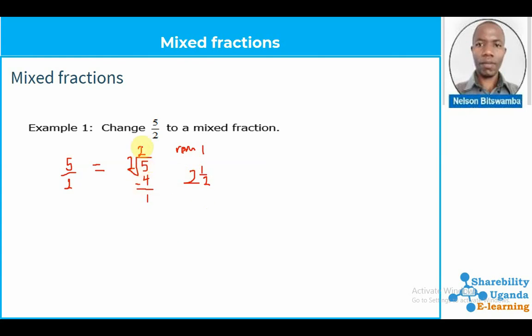We divide 5 by 2 and get 2, and 2 times 2 is 4, then 5 minus 4 gives 1, which is our remainder. That remainder is also over 2.